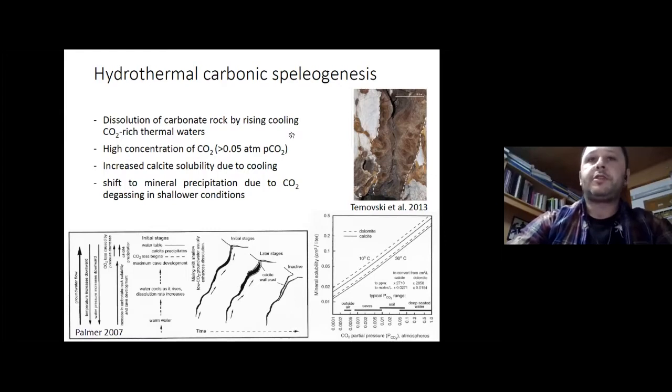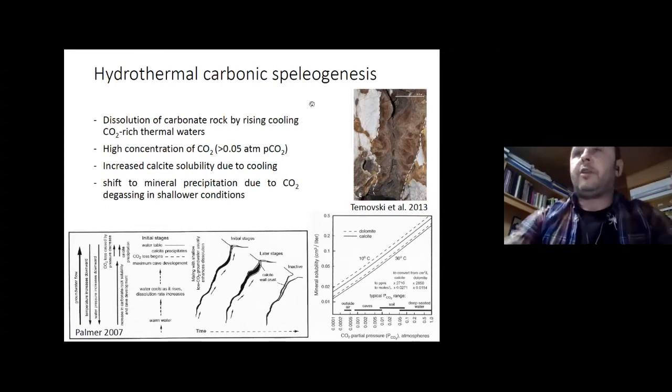The acidity increases by the cooling because of the inverse relationship between calcite solubility and temperature. These systems are generally really rich in CO2, so the partial CO2 pressure is very high.